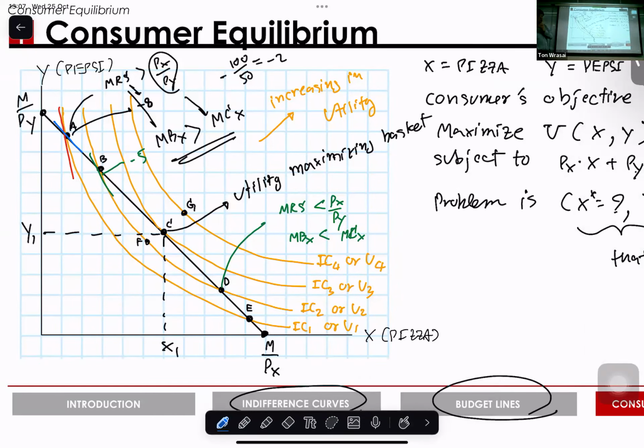This diagram brings the budget line and indifference curve together to analyze consumers' choice.